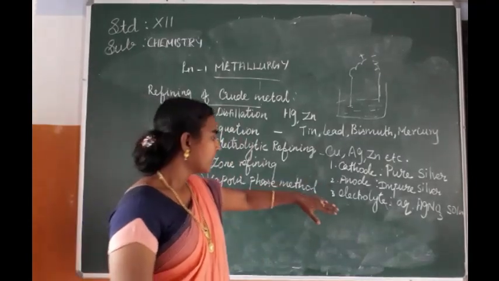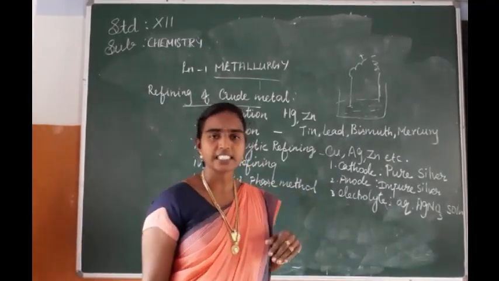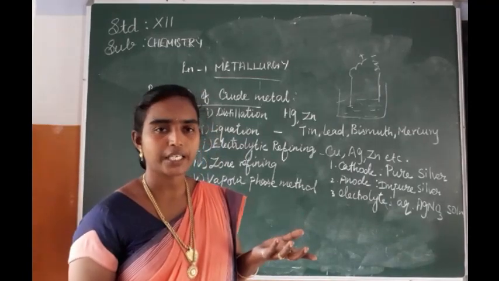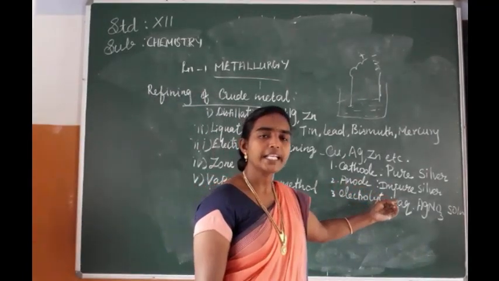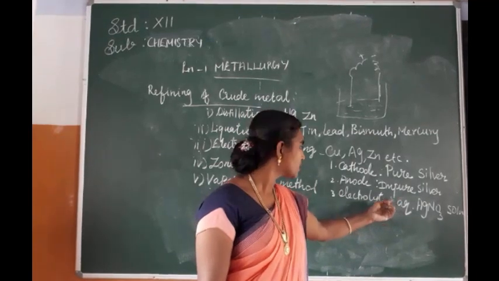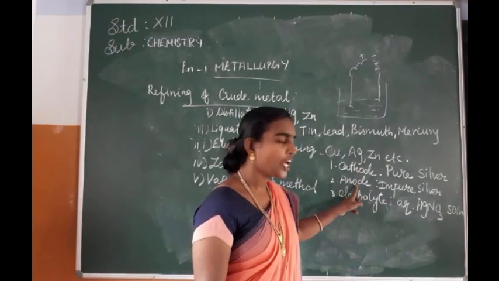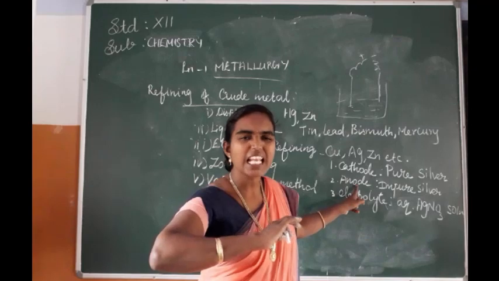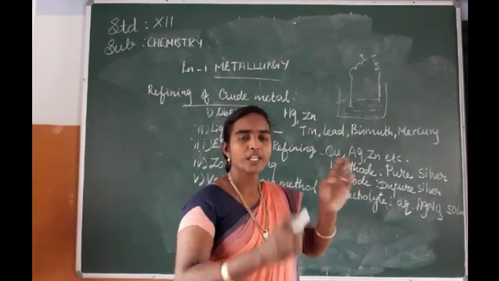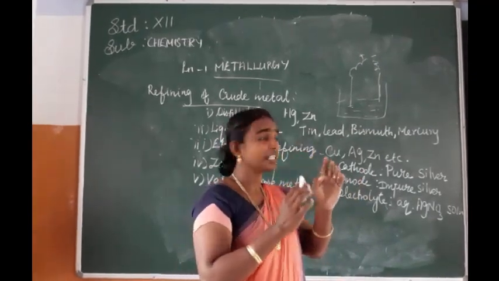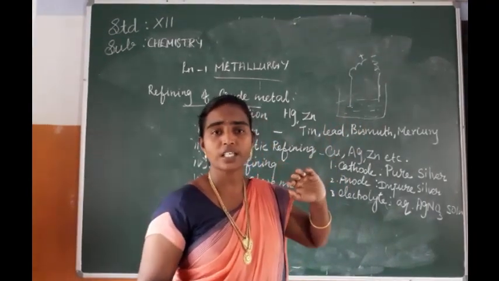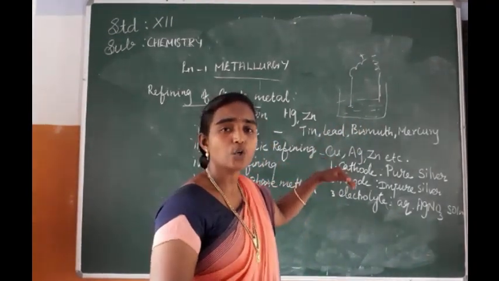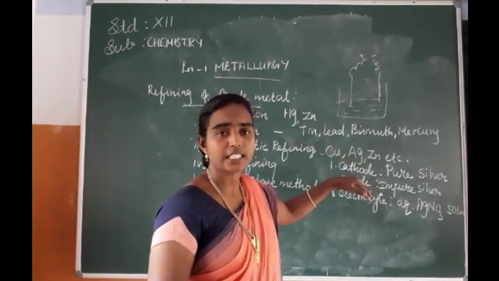So when we start to pass electricity, what will happen is this pure metal will be deposited, will move towards the cathode, but in anode impurities will be left behind. So in the electrolytic cell, we have cathode, positive electrode and negative electrode, isn't it? So in cathode, pure metals will be deposited.